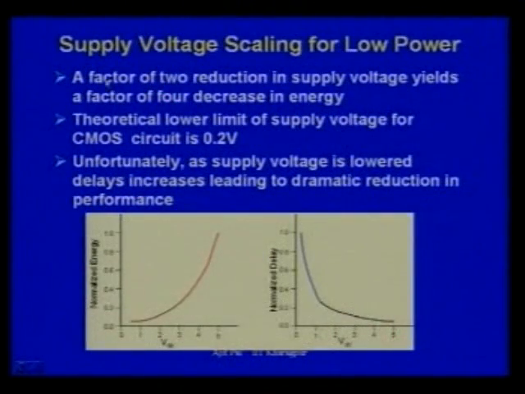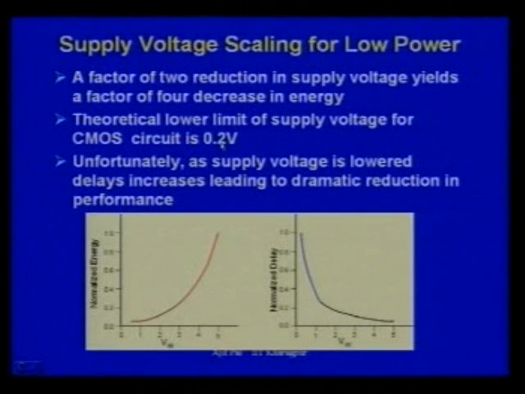Okay. Now we shall come to the second approach. As I told, supply voltage is the most crucial parameter which can be used to reduce power dissipation. And because of the quadratic relationship, a factor of 2 reduction in supply voltage yields a factor of 4 decrease in energy.